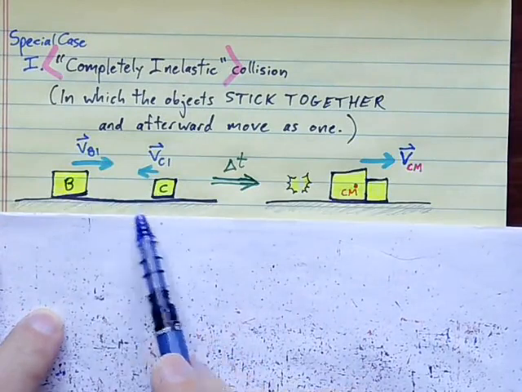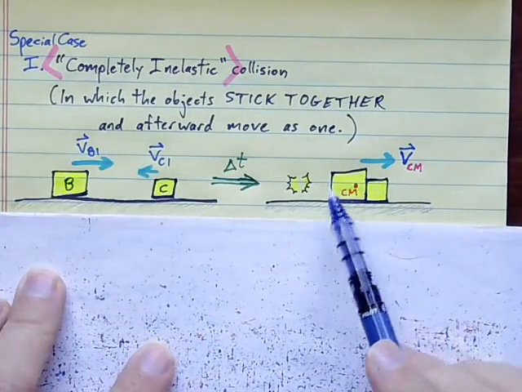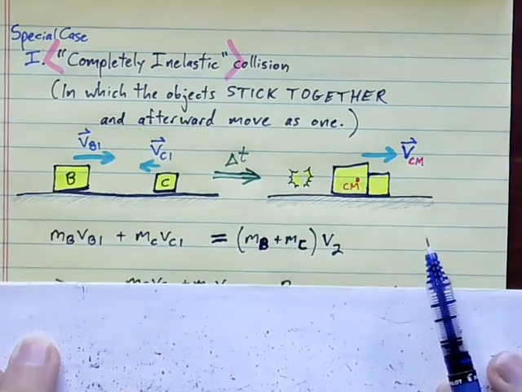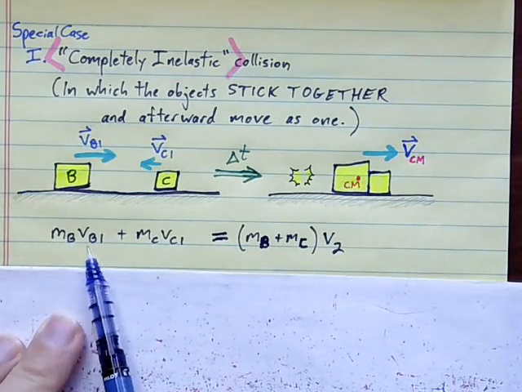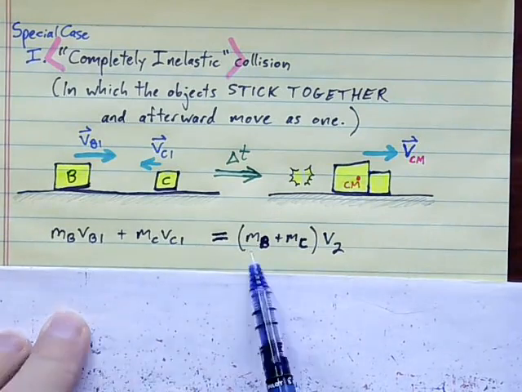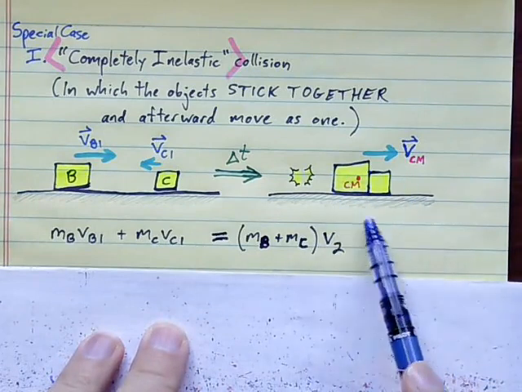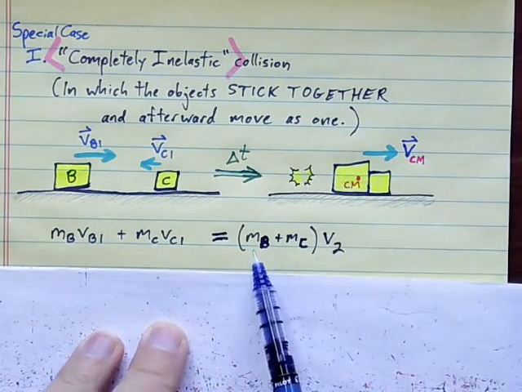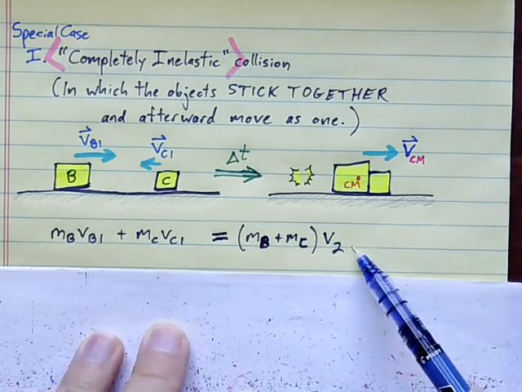They hit and they stick, and then they move off together as one combined object afterwards. We can express momentum conservation like this. Here's the initial momentum of B plus the initial momentum of C. And then afterwards, if they've stuck together, they make effectively one single object with combined mass, mb plus mc, moving off with some final new velocity I'll call v2.